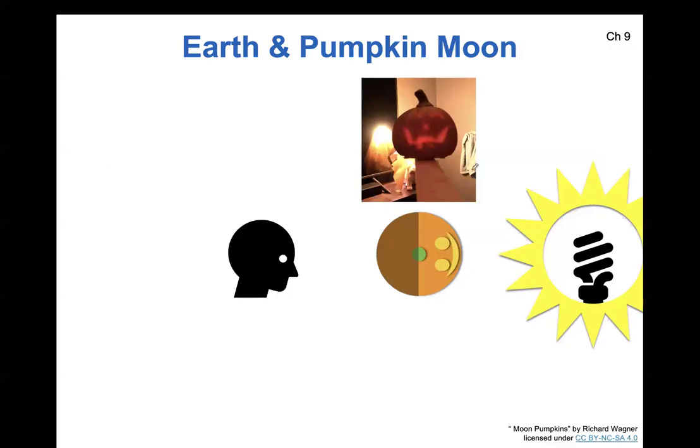So if you have a pumpkin and you look at the face of the pumpkin, this picture I feel is kind of misleading, but I think I've made sense of it. Look, the face in the diagram is facing away from the head, and here the head is Earth. Remember, the head represents Earth. So the person can't see the face.